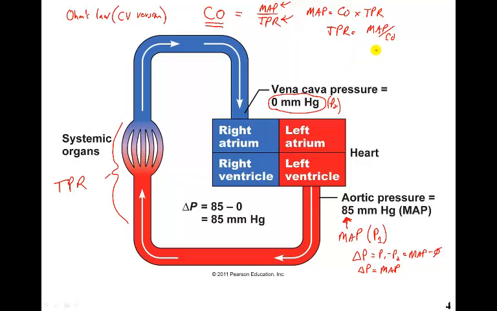But when physiologists want to talk about how much resistance there is, they use this equation: TPR equals MAP over cardiac output. Because it's fairly easy to measure these two things. Mean arterial pressure you can just get from a blood pressure cuff, and cardiac output is not as easy.